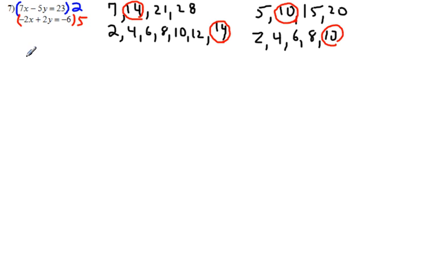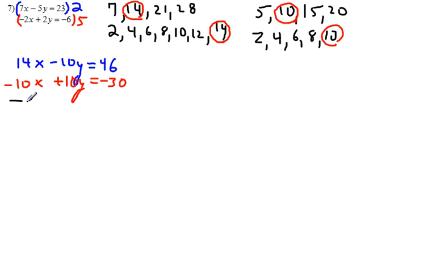Let's do that. Ready? It's going to be 14x minus 10y is equal to 46. My second equation, multiply everything times 5, that will be -10x plus 10y is equal to -30.